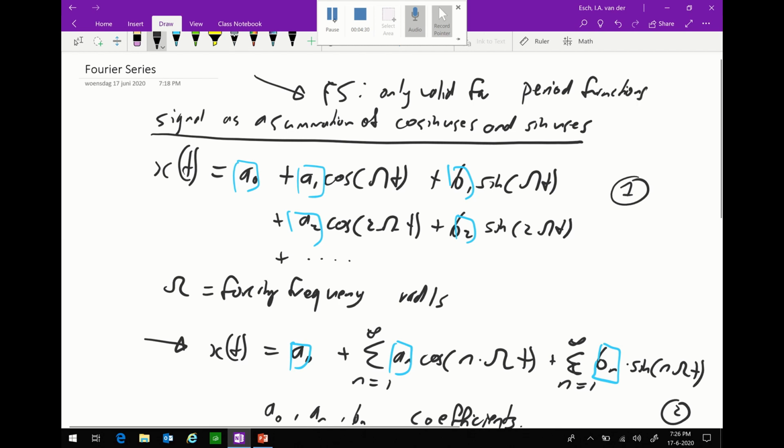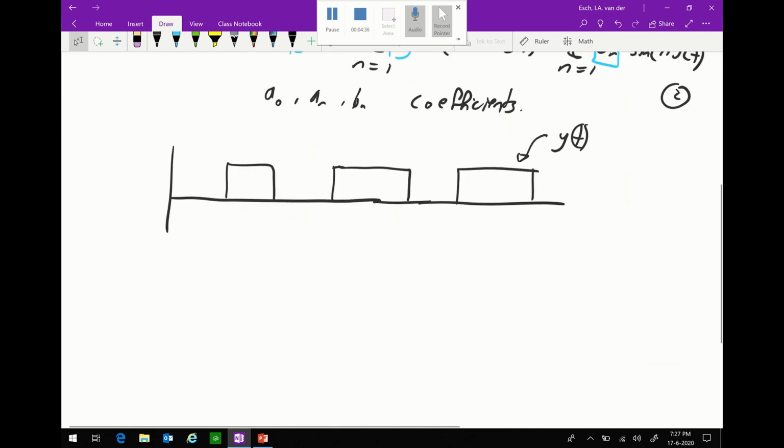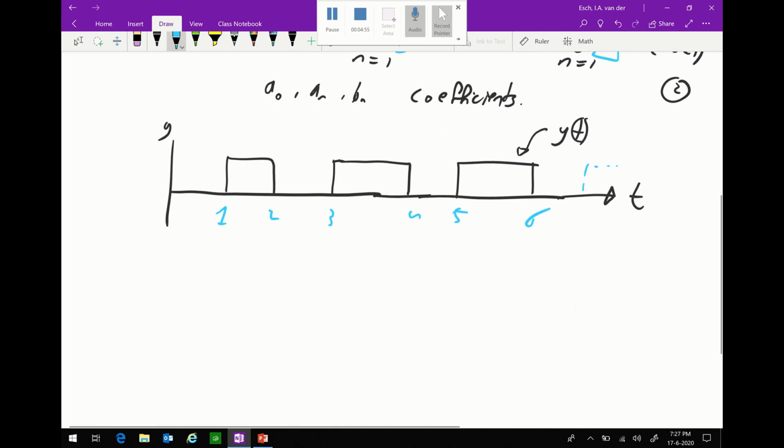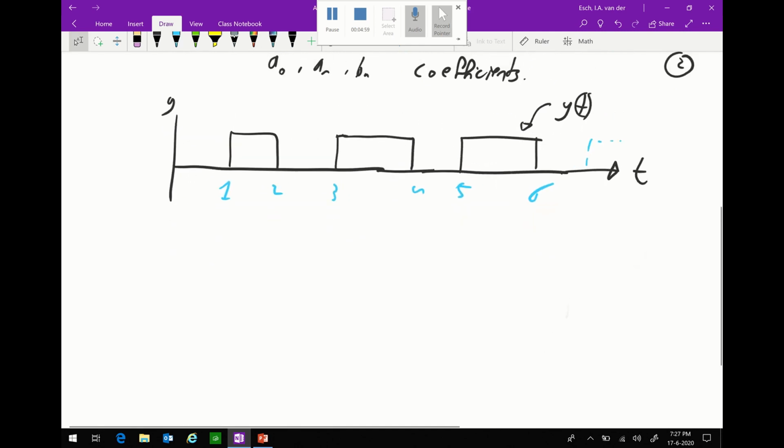That's the limitation. So this is this pattern. For example, if this is 1, 2, 3, 4, this is a kind of a block function. It's repeated for all time to infinity.